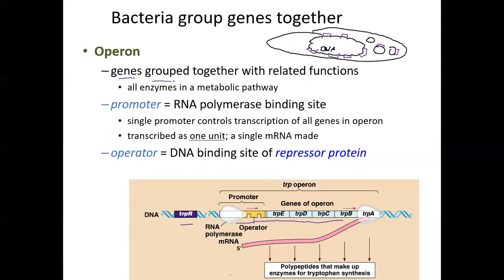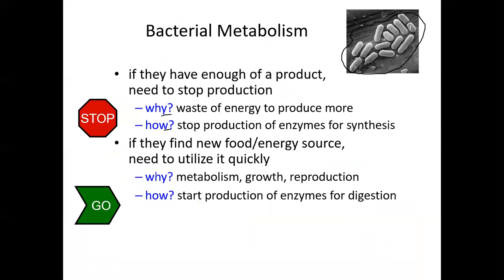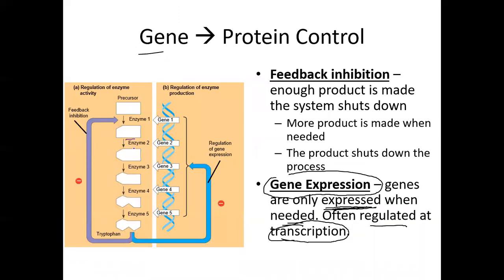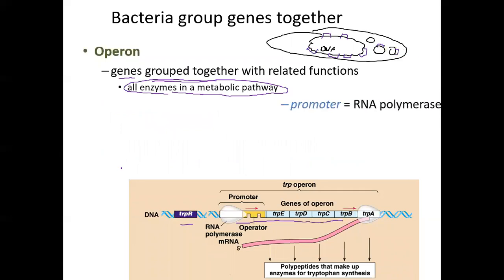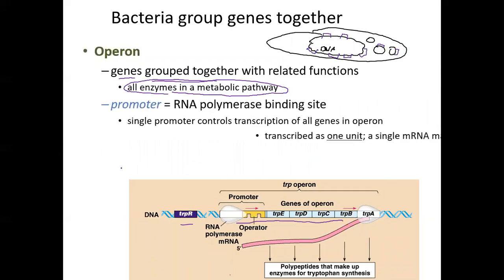First and foremost, they're genes grouped together with related function. All enzymes in a metabolic pathway, meaning they're all going to be associated with the same end goal. So if we jump back to this first one, all of these enzymes, 1, 2, 3, 4, 5, are associated with helping to make an end product of tryptophan. So that's when we say that they're all related in the same metabolic pathway.